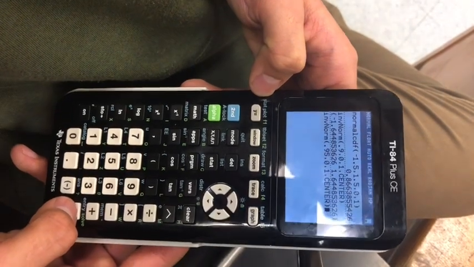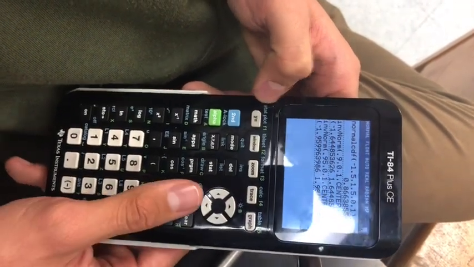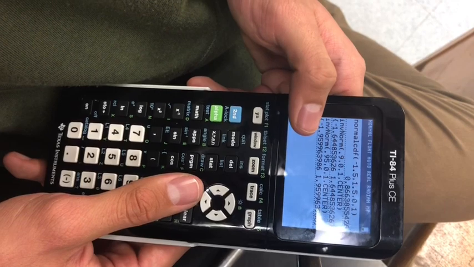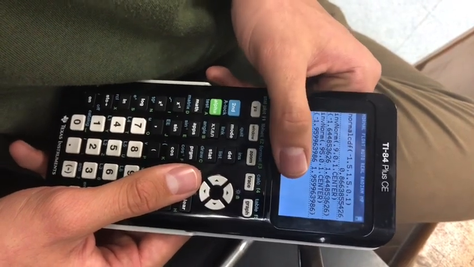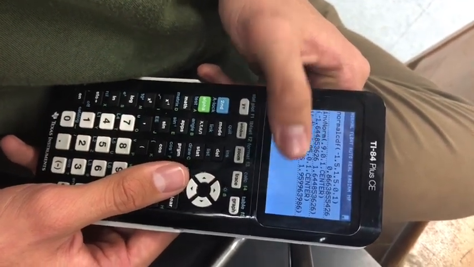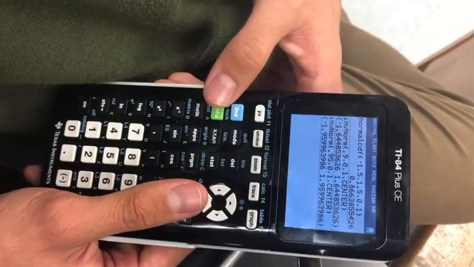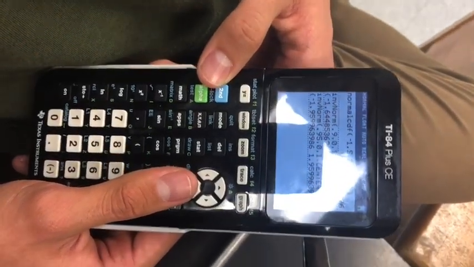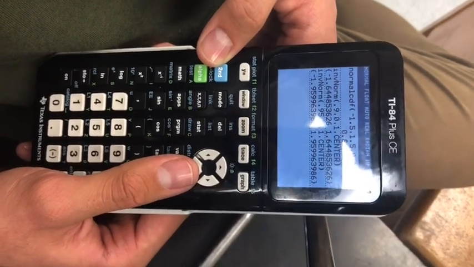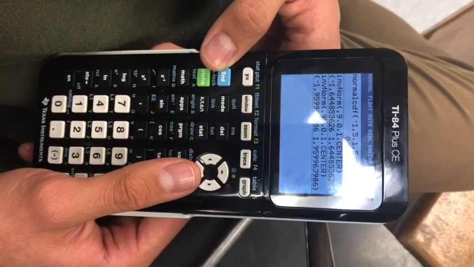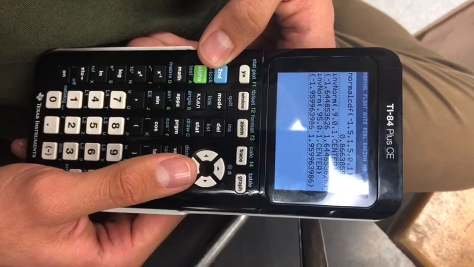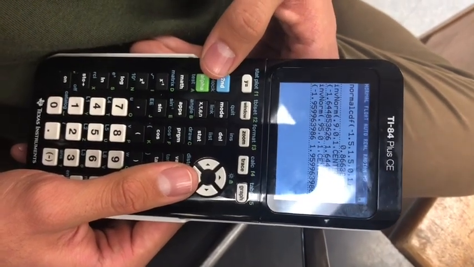Press paste, press enter, and it gives us -1.9599 and positive 1.9599. So just using 1.96, with a critical value of plus or minus 1.96 standard deviations, we get 95% of the area under the curve within our bounds.